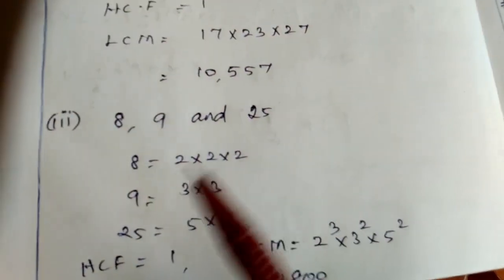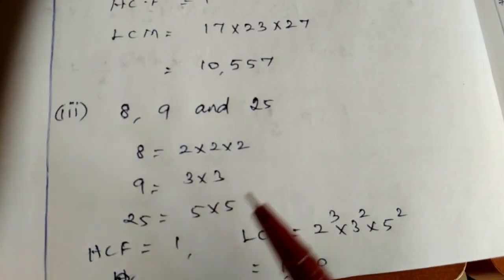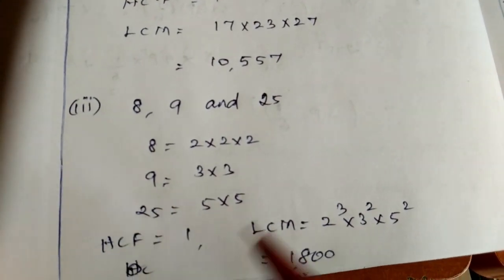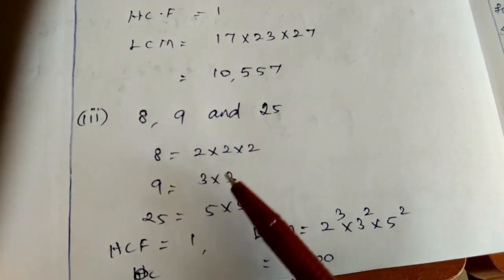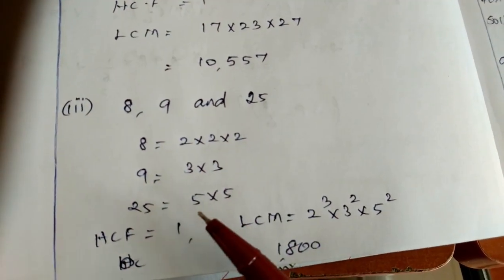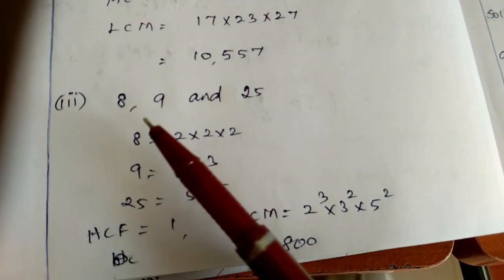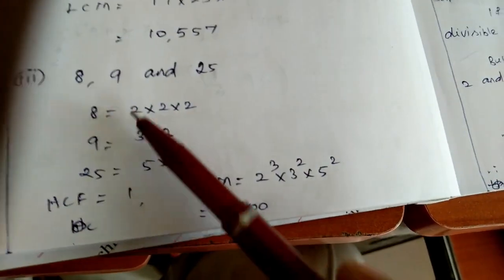Next, go to the third problem. 8, 9, 25. 8 we can write as 2 into 2 into 2. 9 we can write as 3 into 3. 25 we can write as 5 into 5. Now the primes are 2, 3, 5. So 2 is not repeated, 3 also not repeated, 5 also not repeated among 8, 9, 25. So the HCF is 1. There are no common prime numbers among them.